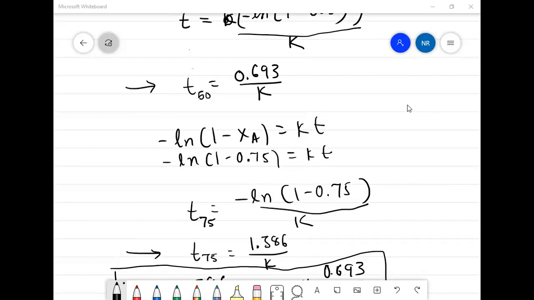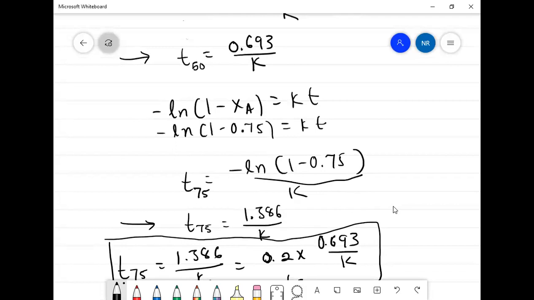Rishikesh, we have derived the first order system integral method. 0.693 multiplied by 2. Okay, Tarpan, I understand. It's 2 multiplied by. Okay, done.